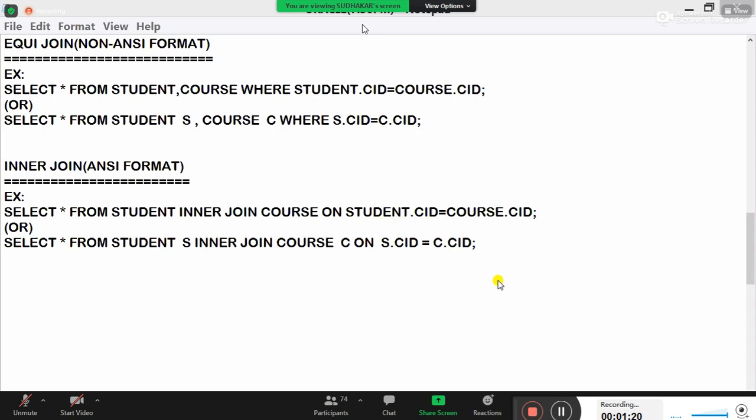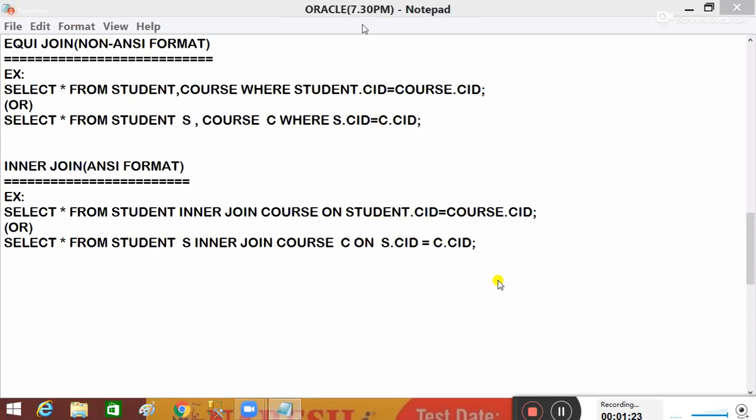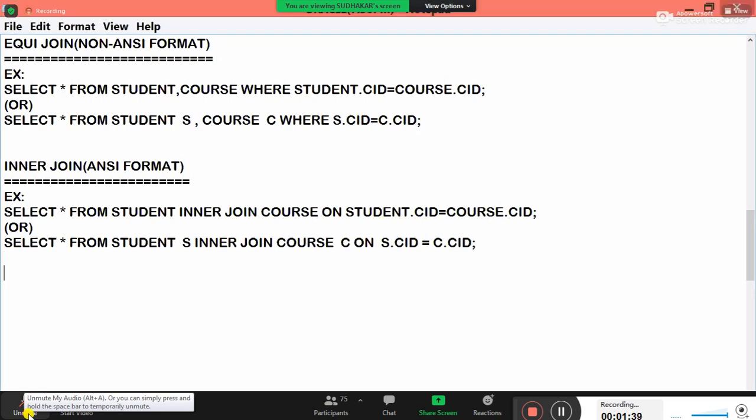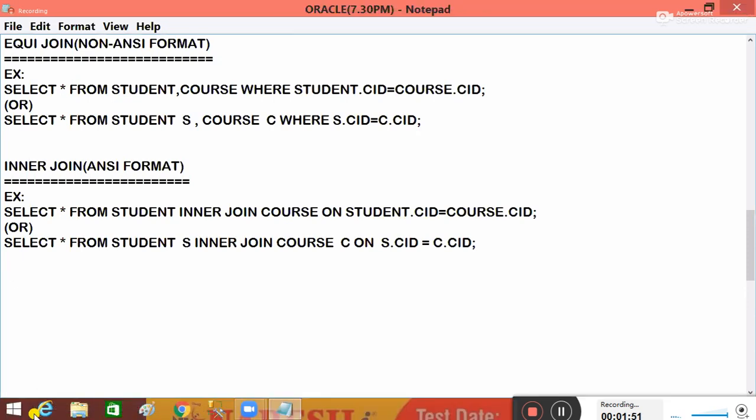Any join, not only for this, any join, whatever condition you want to give, any type of join, once it is executed, whether equi, inner, non-equi or outer, ANSI or non-ANSI, one basic rule is followed by all these joins.